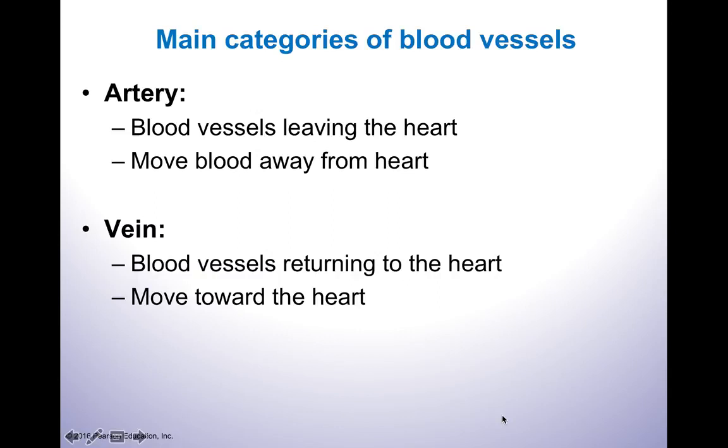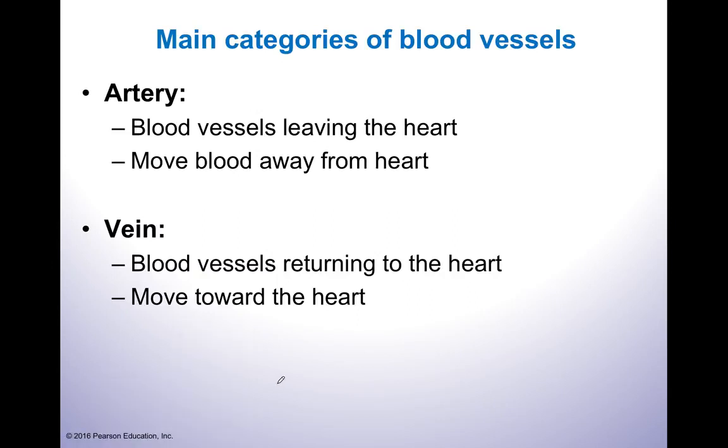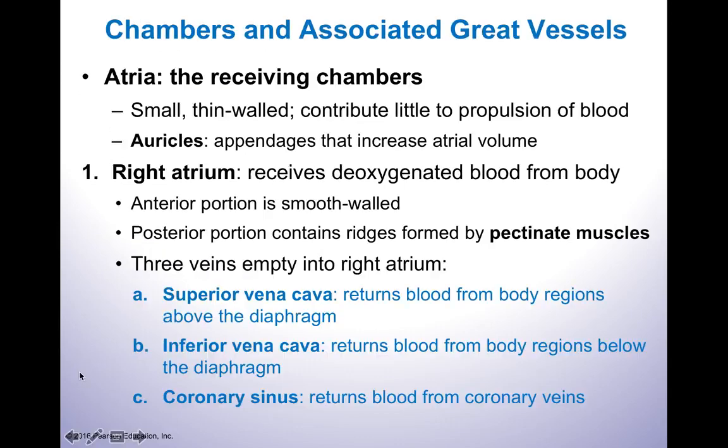So, reviewing what we already know about arteries and veins, since we already talked about blood vessels, let's go ahead and take a look at this information about blood vessels. We have two major categories of blood vessels. We describe one as arteries and one as veins.